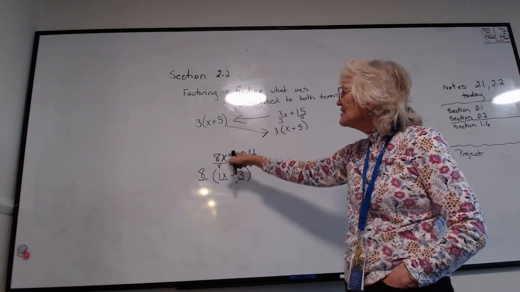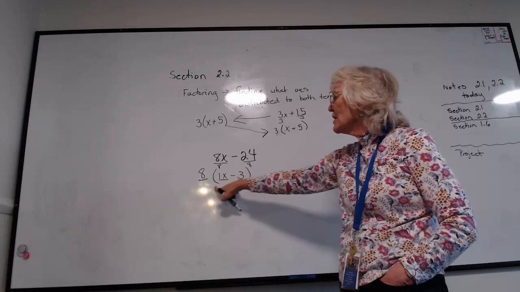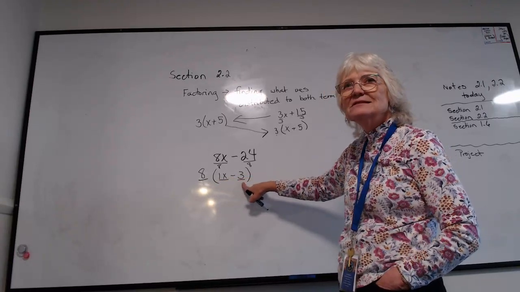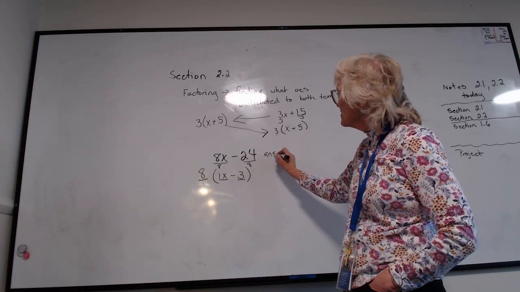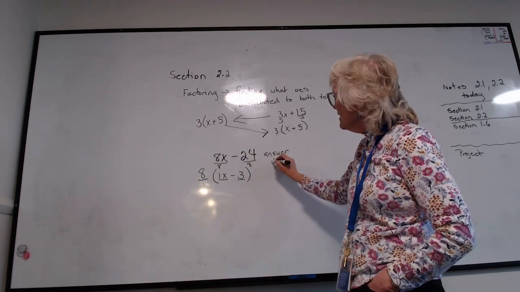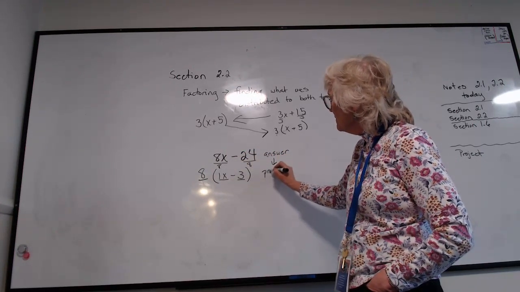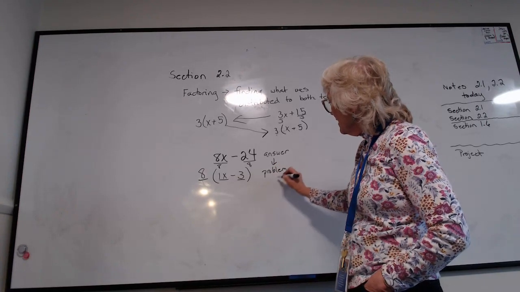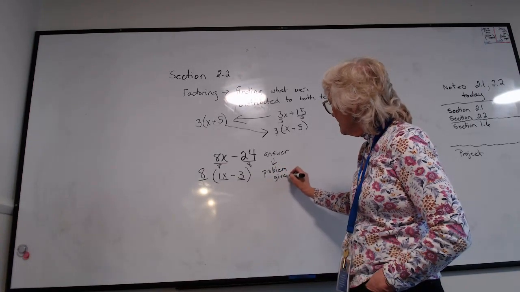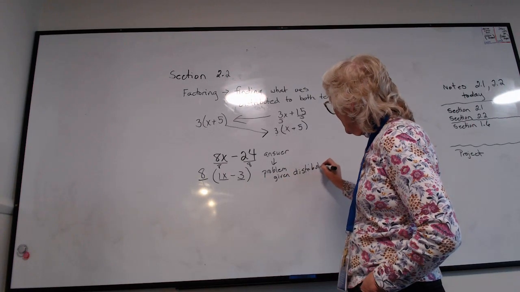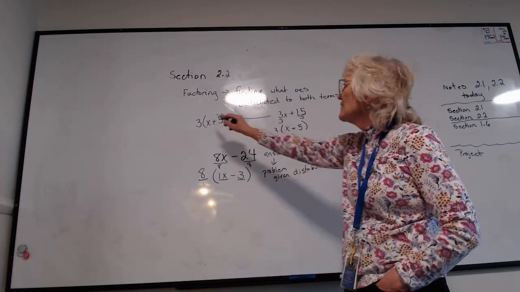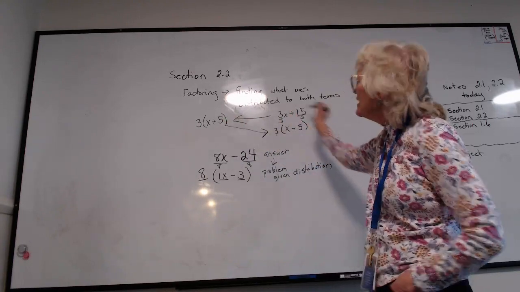So what I started with was this problem of distributing, and I got this answer. So now we are given the answer, and we are looking for the problem given distribution. We're going backwards. So instead of multiplying it through, we're dividing it out.